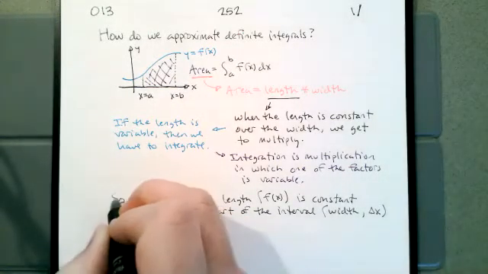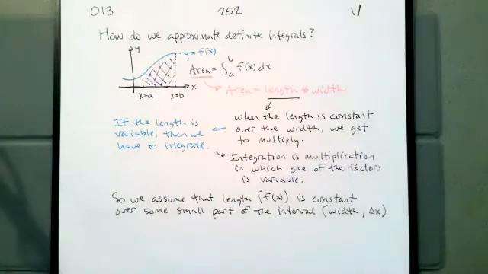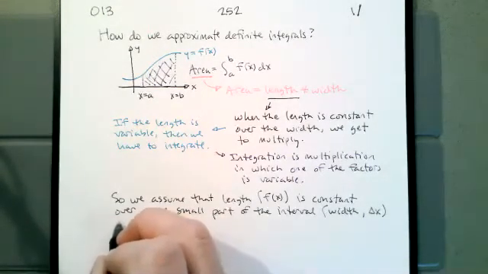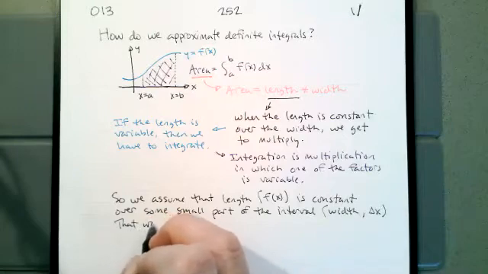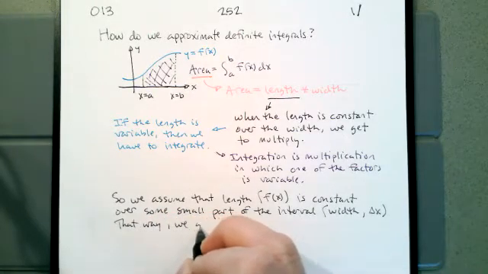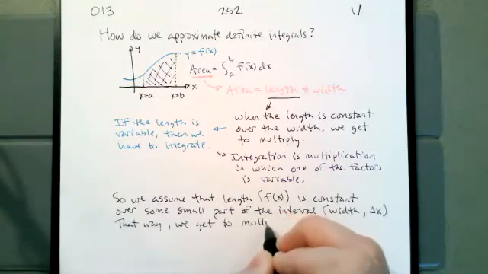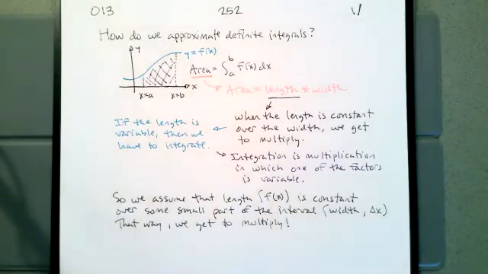We're going to assume that the length is constant for some small part of the interval, and then we will get to multiply. So lucky us, that way we get to multiply.